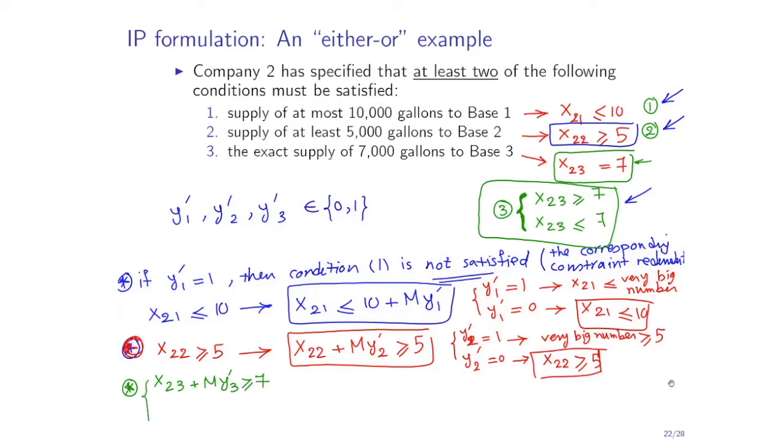Remember, I have two constraints, both with the same binary variable: x23 less than or equal to 7 plus M y prime 3.